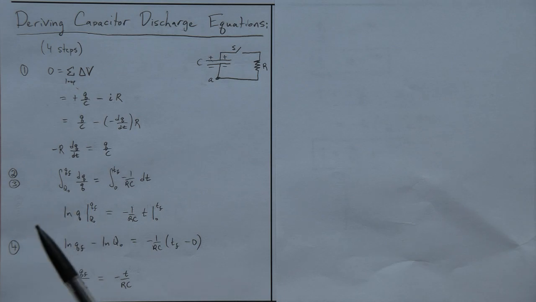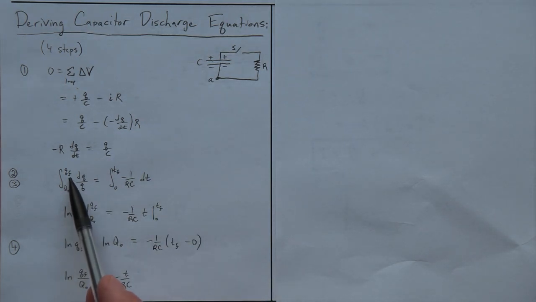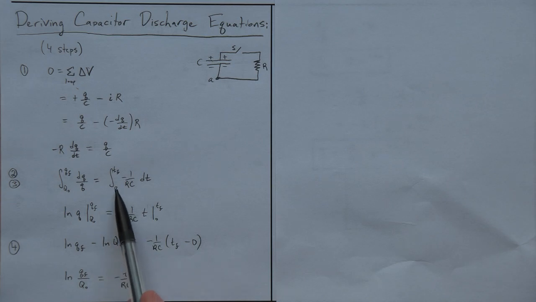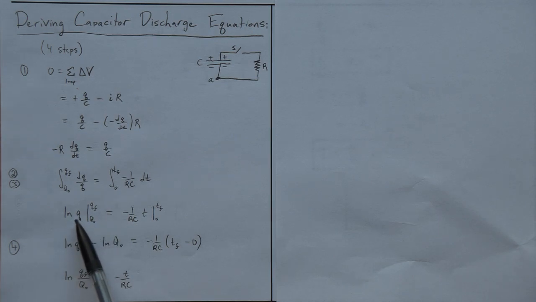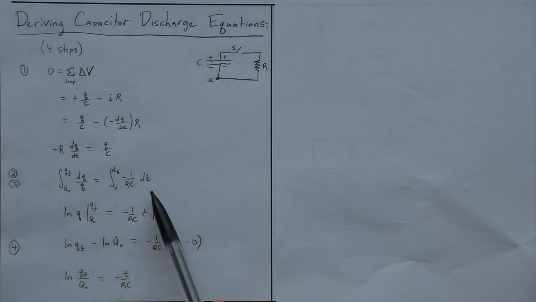Integrating both sides, the limits are the charge starts at the original charge of the capacitor, Q0, to some final charge as it's decaying down. The timer in our experiment began at 0 and it goes to t final. The left side is just a simple natural log of Q over those limits. The right side, dt, just integrates to t, from 0 to t final.